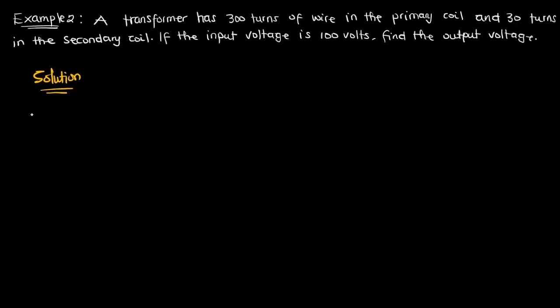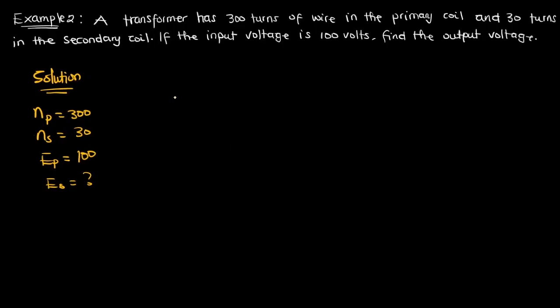They say the number of turns in the primary coil is 300, and it has 30 turns in the secondary, so NS is 30. The input voltage, EP, is 100 volts, and we have to find the output or secondary voltage. That is what we do not know.